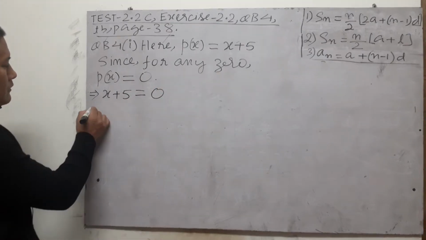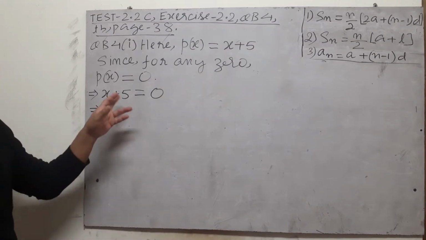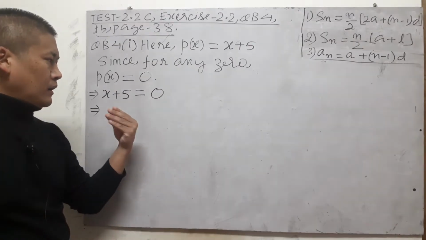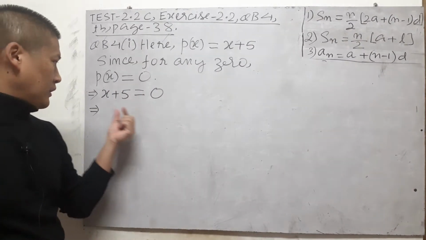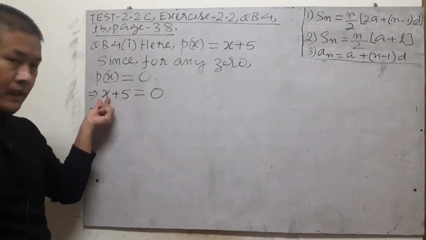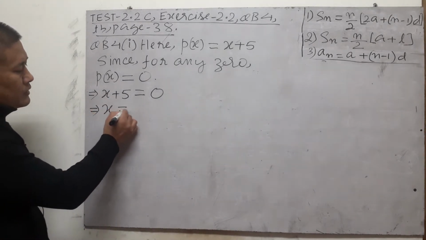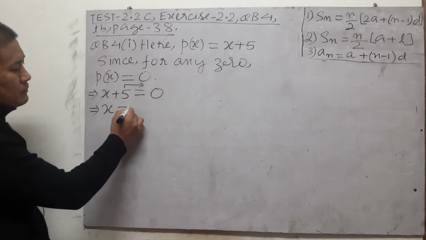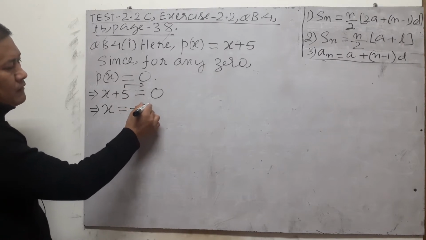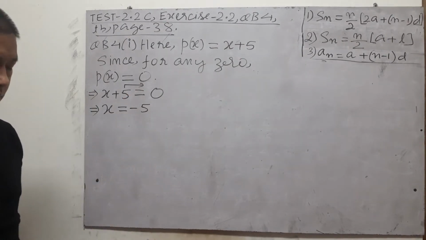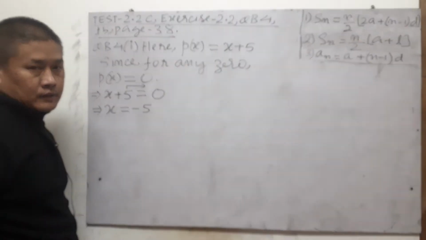Okay, so now find the zero. In other words, zero or root means the value of the unknown variable, and in this case the unknown variable is x. So zero means the value of x in simple terms. So here plus 5 shifted to the right side becomes minus 5, and plus 0 can be neglected because 0 doesn't affect the final outcome of an addition or subtraction, right?